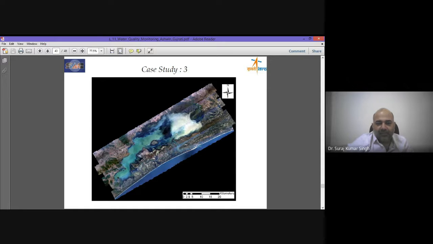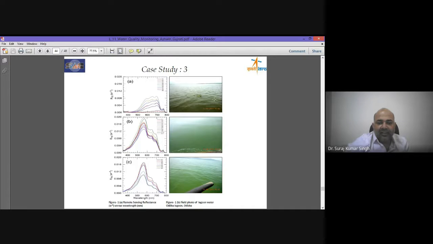This is another case study where we have taken three different parameters, three studies related to three different locations. So figure one is remote sensing reflectance versus wavelength, how the different earth objects are behaving differently. And secondly is field photographs of lagoon water, Chilka Lake, Odisha.